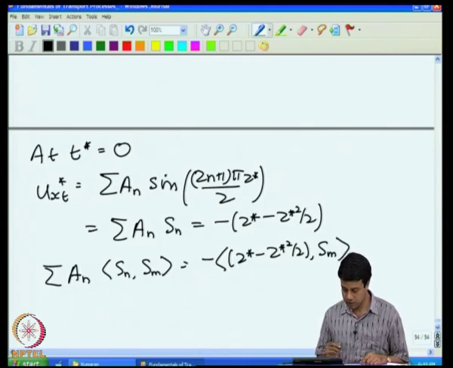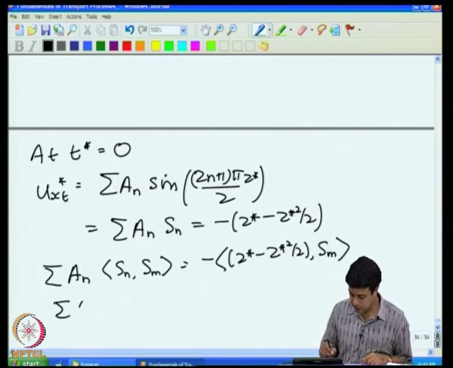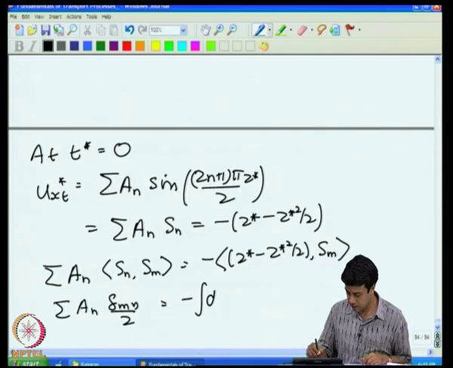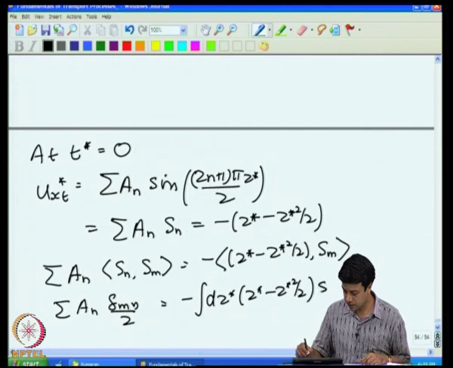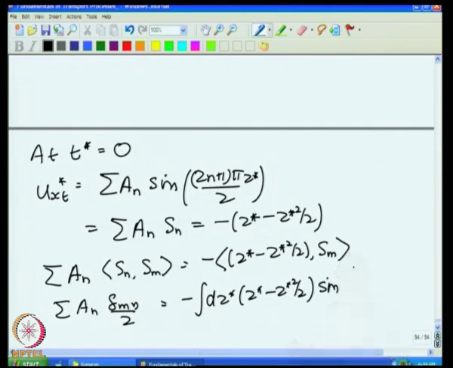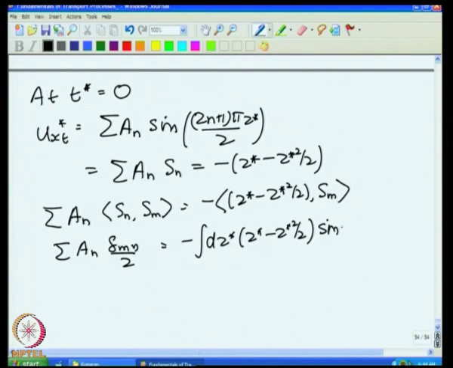This is equal to summation a n into delta mn by 2, which is minus the integral dz of (z star minus z star square by 2) sine of (2m plus 1) pi z by 2.